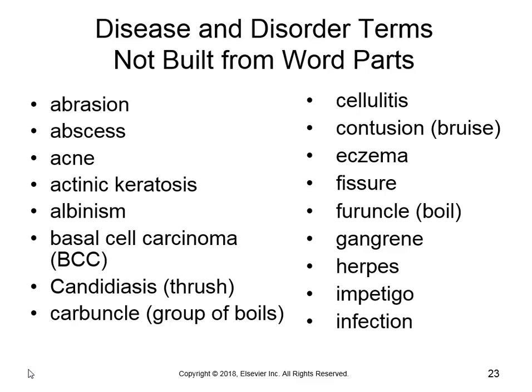Okay, next we get to one silly word, carbuncle. And that is a group of boils, which I'm going to skip over to the word furuncle, because that is an individual boil. What is a boil? Well, it's kind of a little nodule on your skin or a little bump, and that's caused by a staph infection in your hair follicle.